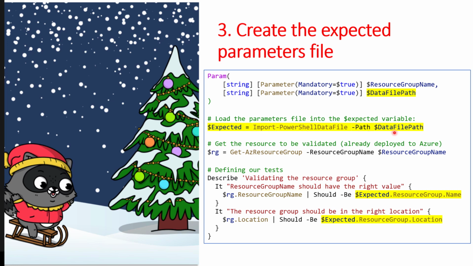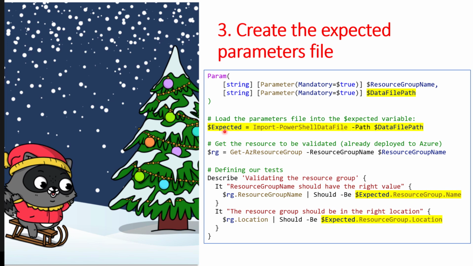And here we first load that data file into the expected variable. Next, as we did earlier, we obtain the resource group that's deployed on Azure, and we do the same test here. The only difference is that instead of having the expected values hard-coded, we are obtaining them from that data file here.